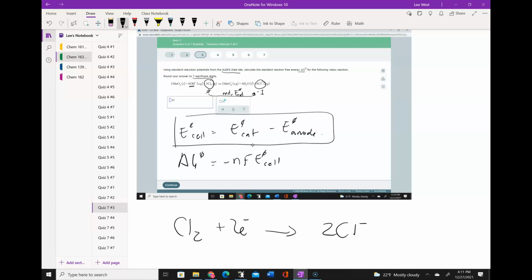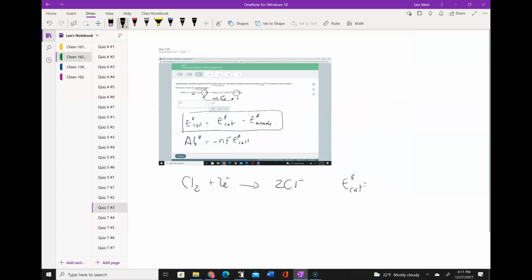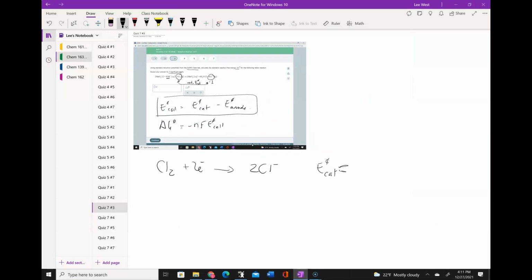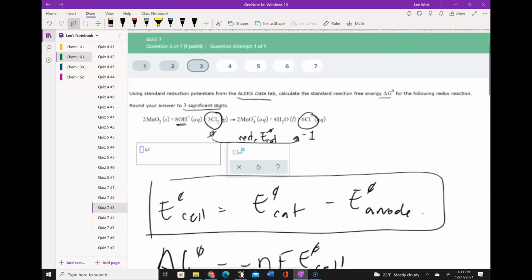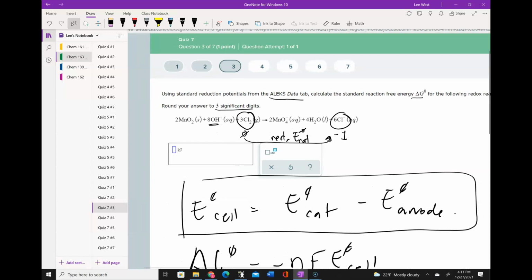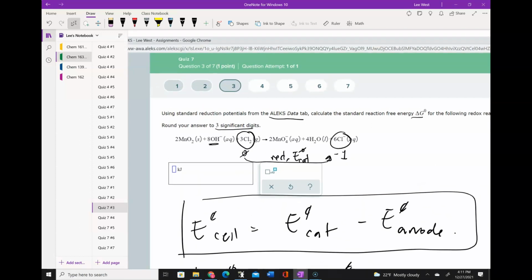That's going to be my cathode. That's the standard reduction potential that I have to look up. Now that must mean that my oxidation involves, the hydroxide ions are really just describing the conditions, that it's under basic conditions. My oxidation must be this reactant here.